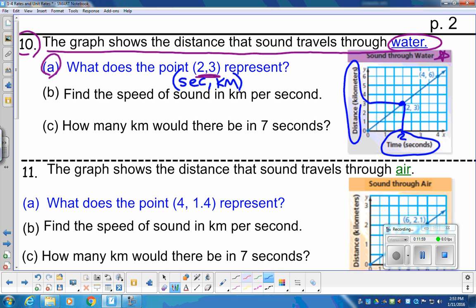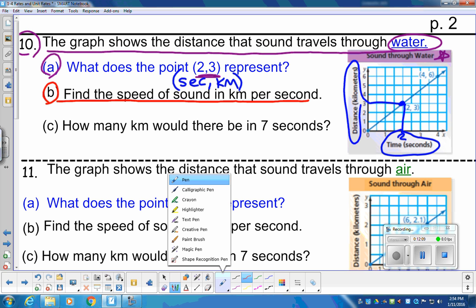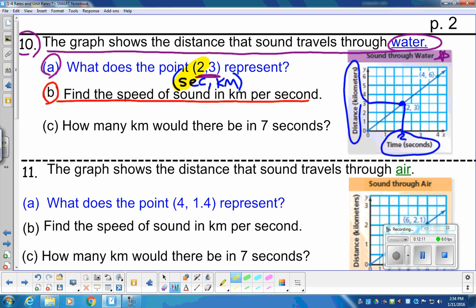Moving on then. In part B, we're asked to find the speed, which is what we were just doing previously on the other screen, the speed at which something travels. So we're still going to use this data point of 2 seconds, 3 kilometers to represent speed. When we're talking about speed, we always want it represented as y over x.